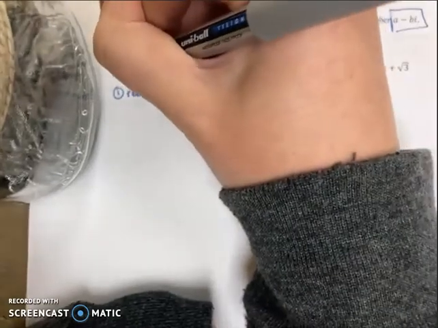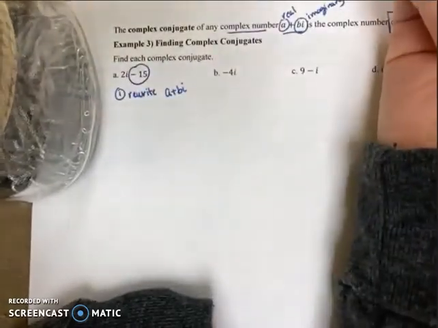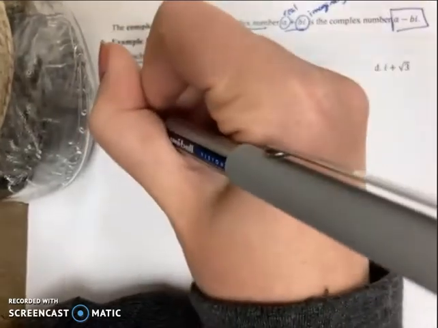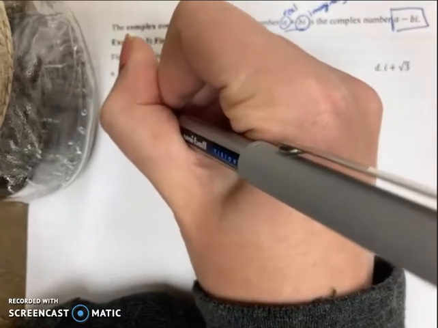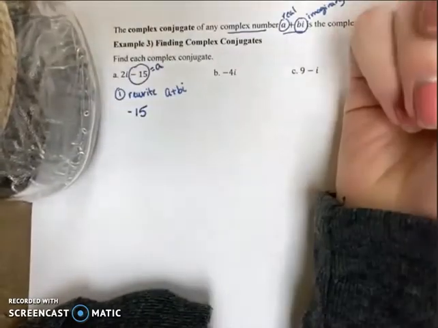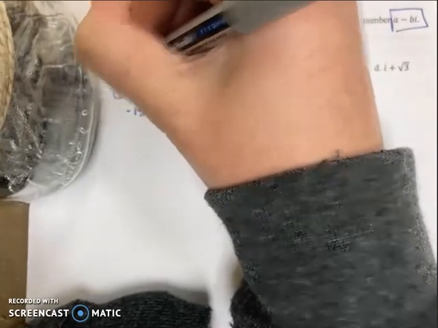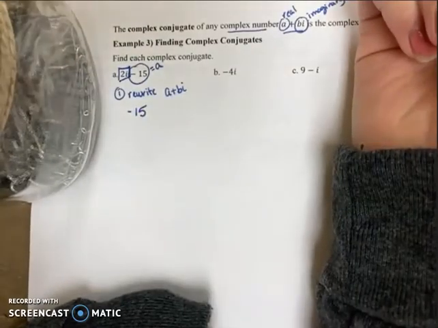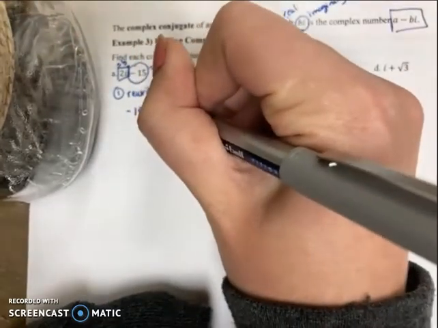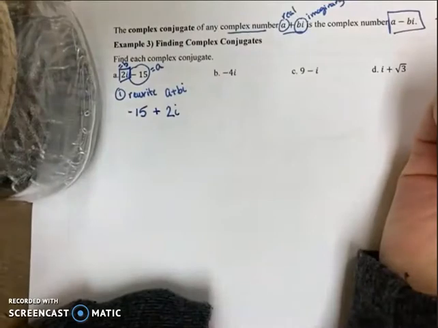So a in this case is the negative 15. So negative 15 should come first. I'm keeping that sign with it. b is a positive 2i. So I would have to put plus 2i.